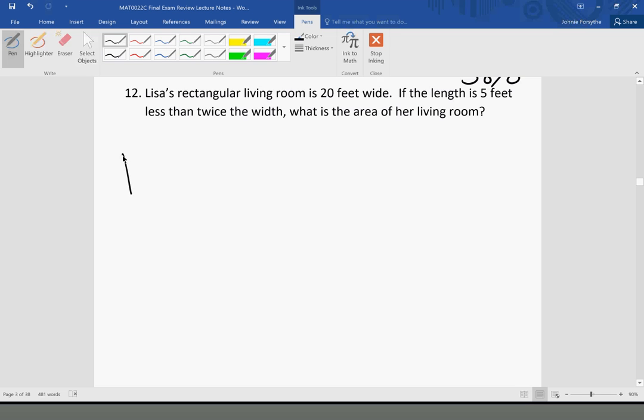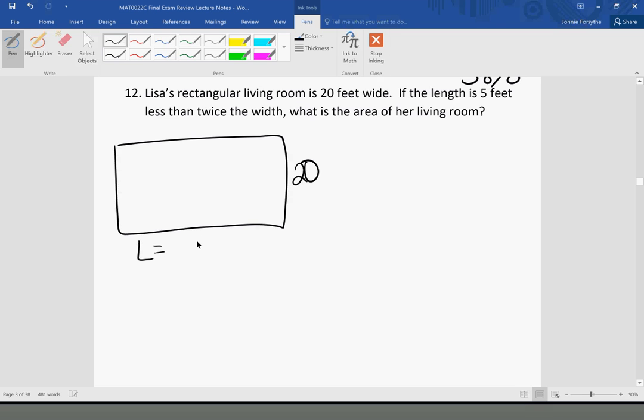Okay, so we have a rectangular room. Let me try this. That's a little better. So it's 20 feet wide. So this will be 20. The length is 5 feet less than twice the width.